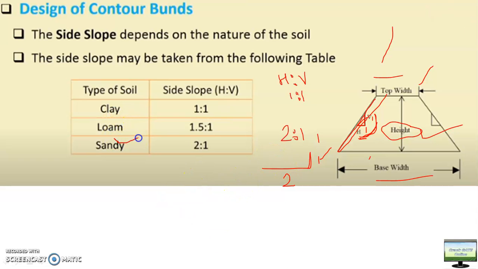Then that will become 1.5 to 1. So this table you have to remember for clay, sandy and loam. I told you the reason behind keeping this 2 and the reason behind this 1. If you read by concept, you will not forget it. Side slope is dependent on the nature of the soil, how cohesive it is, so that you can make the slope steep or gentle.